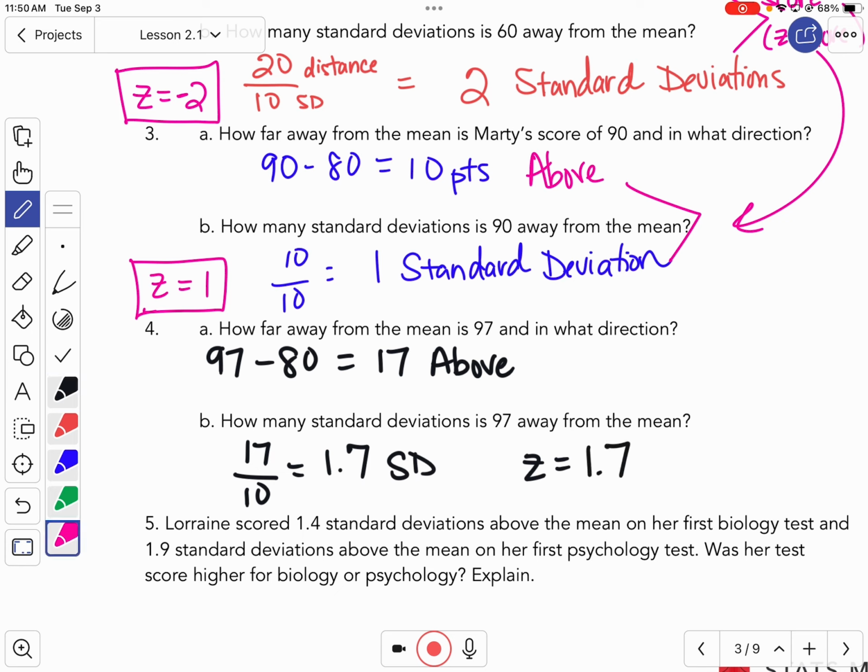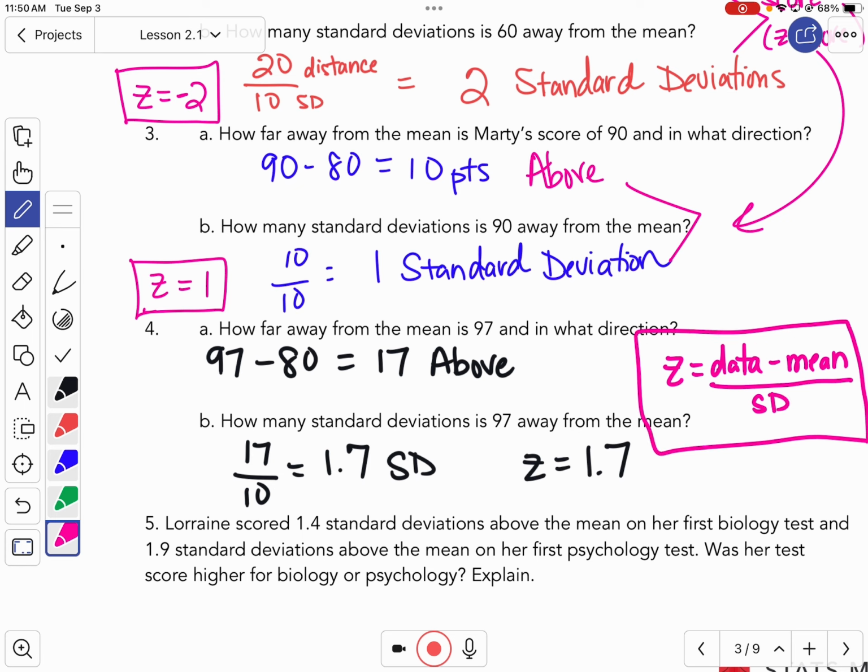So this is the formula that we'll use every time to find a z-score. We take our data point minus the mean, and we divide it by the standard deviation. Anytime we want to find a z-score, that's what we're going to do.